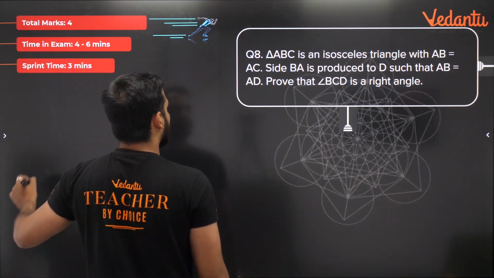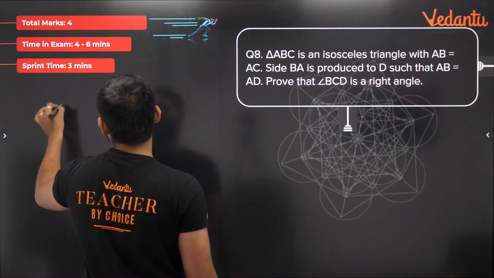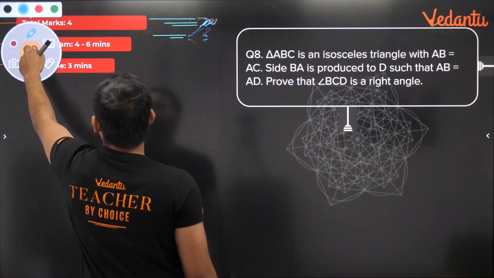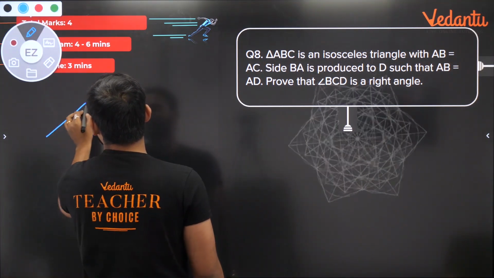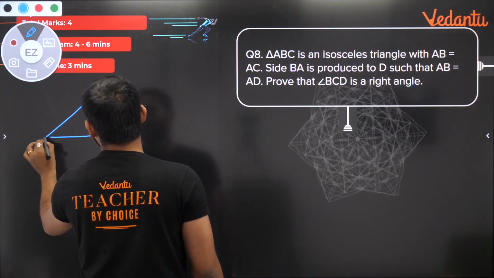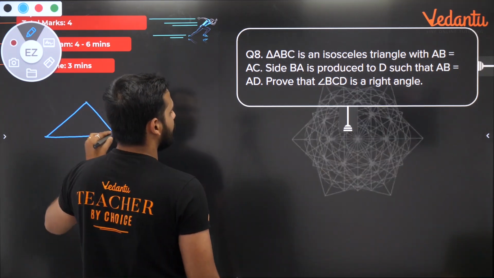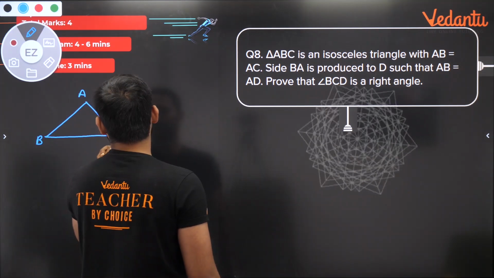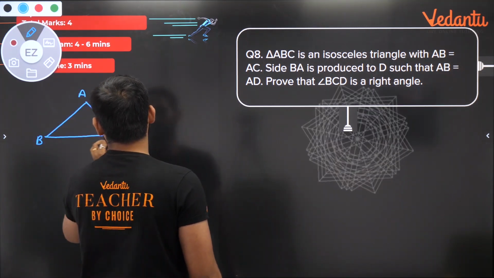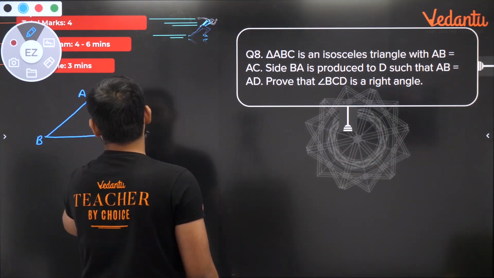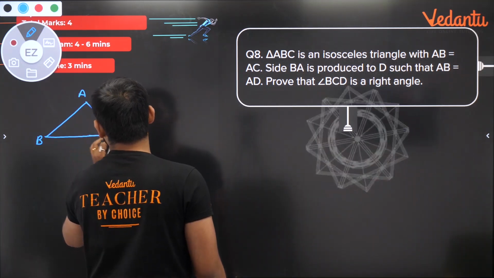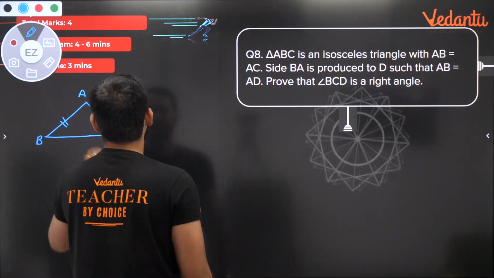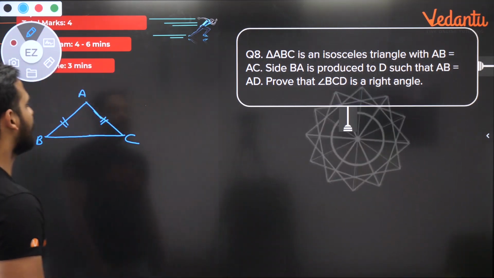So we have a triangle ABC which is an isosceles triangle, where let's say AB is equal to AC. Then what we have done?